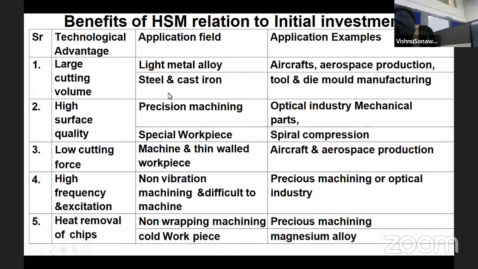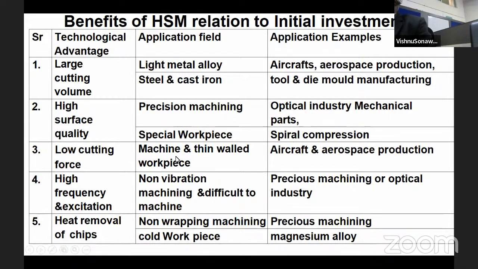Here, the maximum amount of material will be removed, and we can obtain high surface quality and high surface finishing for precise machining and special workpieces. In the optical industry, such as Carl Zeiss, or the mirrors, concave mirror, convex mirror, or flat mirror, or any watch's small gear, and precision parts, and spiral compression springs are there.